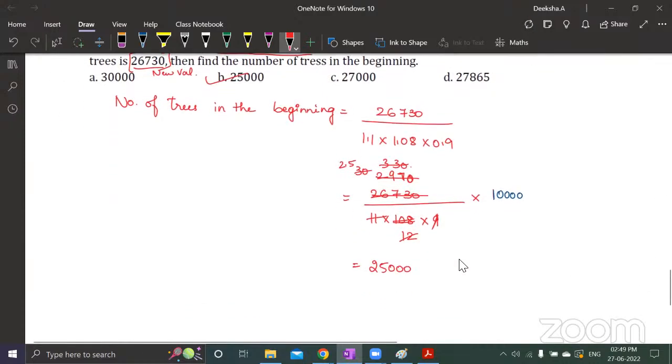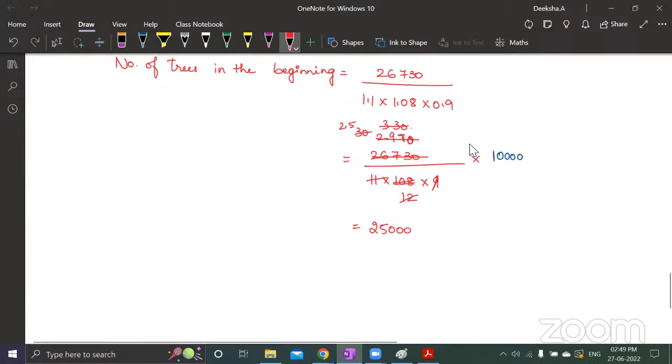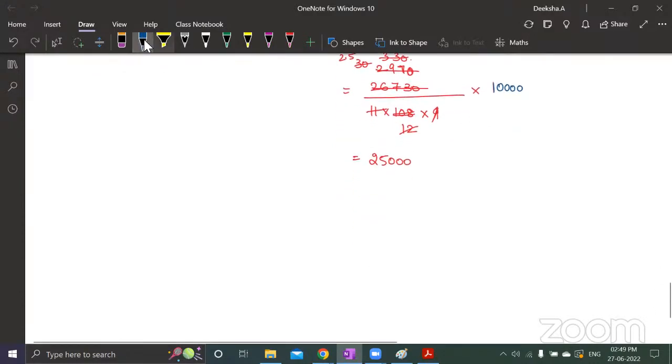Is that clear? Now we will see how to simplify this kind of fractions. If you have a fraction in which you have a decimal number only in one of the sides, either in the numerator or in the denominator.